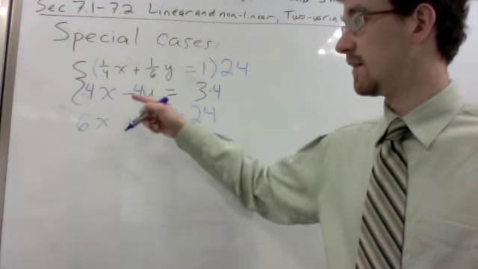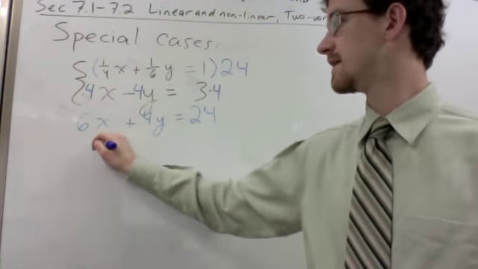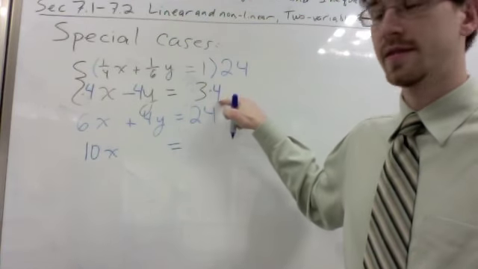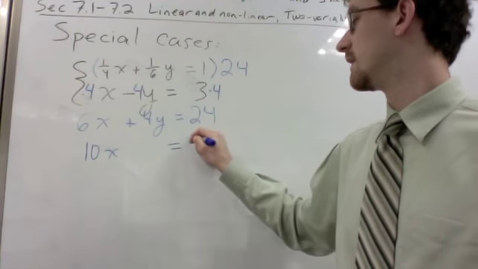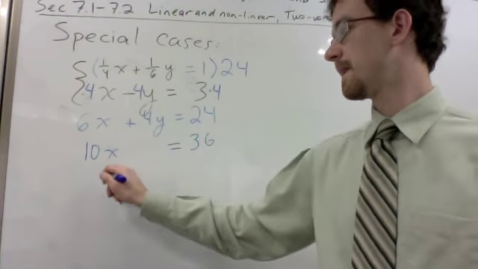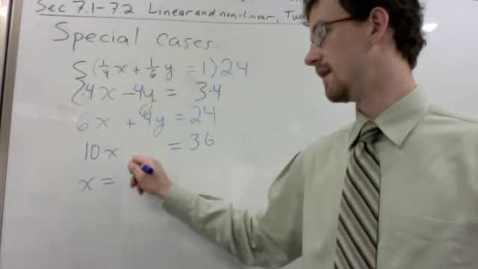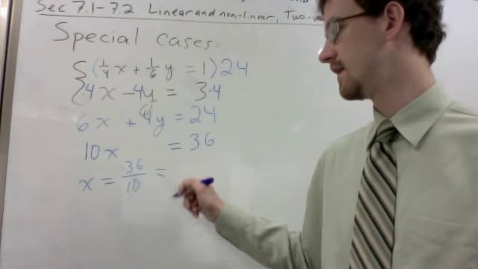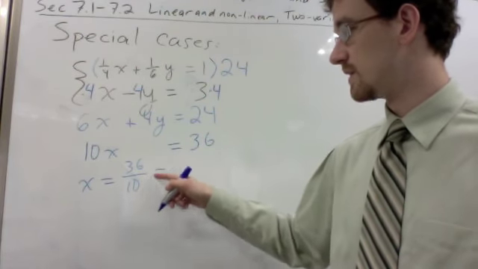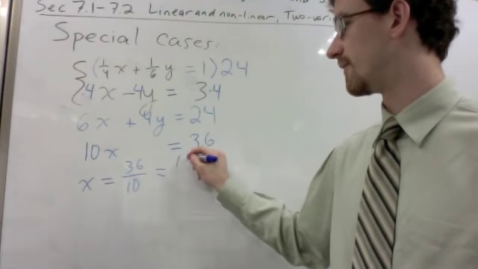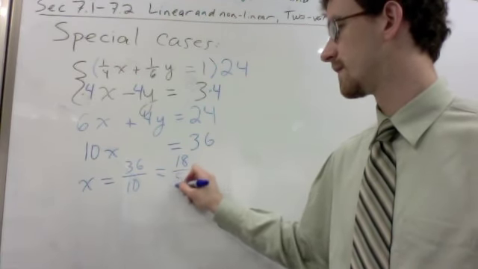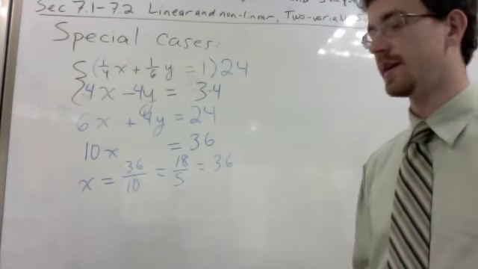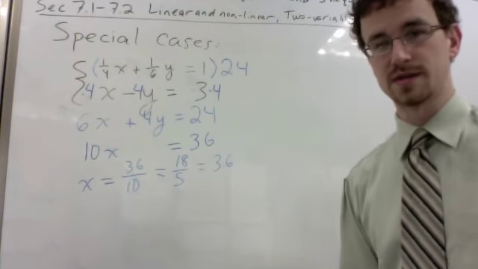Our y's cancel out. 4x plus 6x is 10x. 12 plus 24 is 36. So we get a result, x equals 36 over 10, which reduces to 18 over 5. Or you could also say 3.6, depending on whether you prefer fractions or decimals.